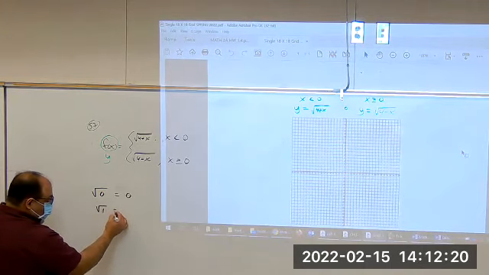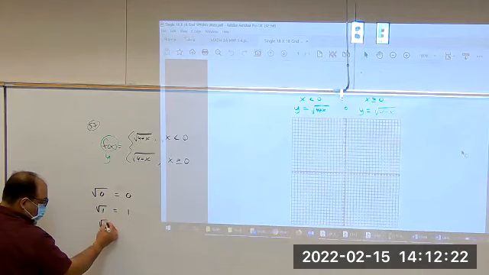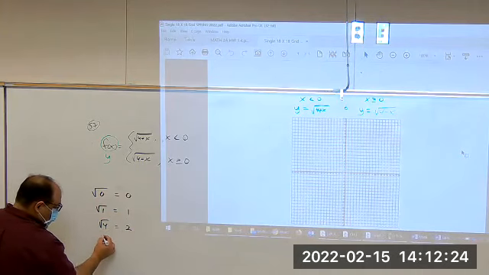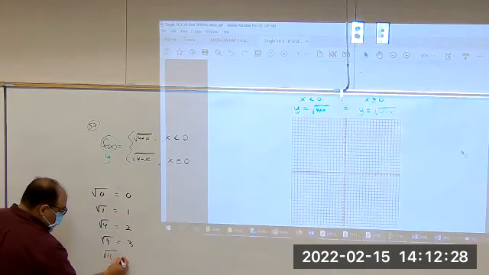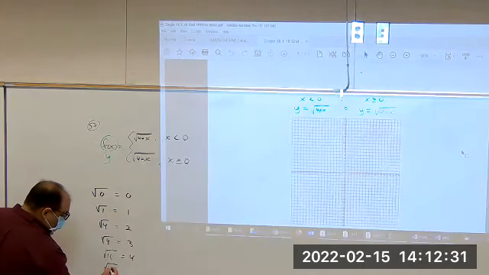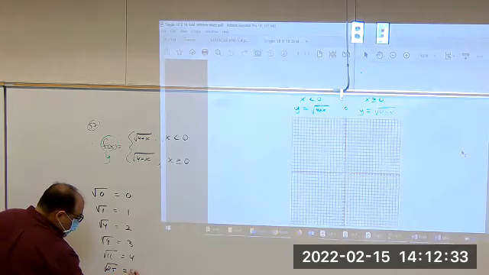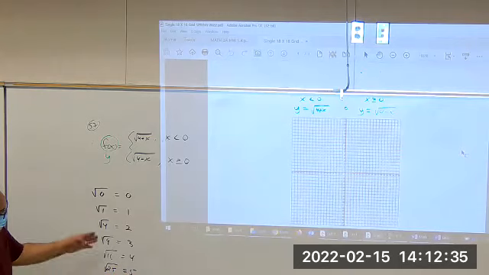The square root of 1 is 1. The square root of 4 is 2. The square root of 9 gives you 3. The square root of 16 gives you 4. The square root of 25 gives you 5, and so on. You want to take the square root of perfect squares so you get nice, perfect answers that come out, so you can plot them nicely and easily.